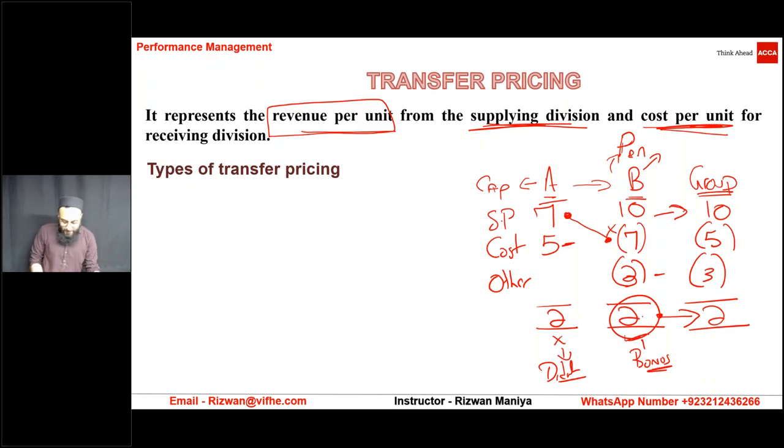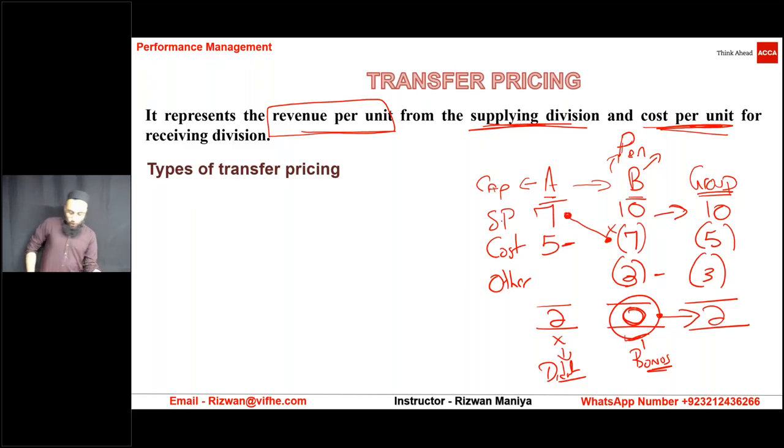So the cost of B now will be 7 plus 3, 10. And how much is it selling in the market? It is selling in the market for 10, which means it will have no profit. Agreed?